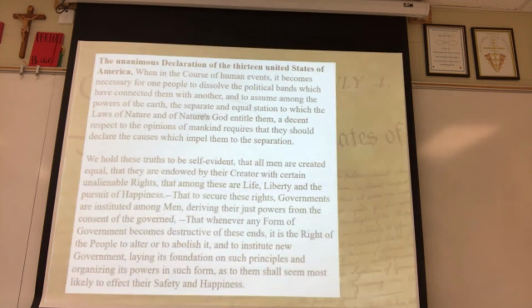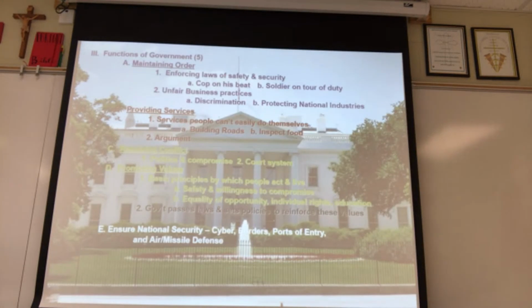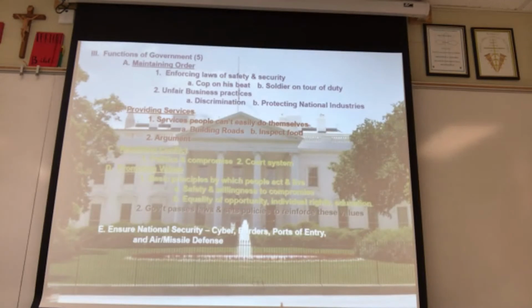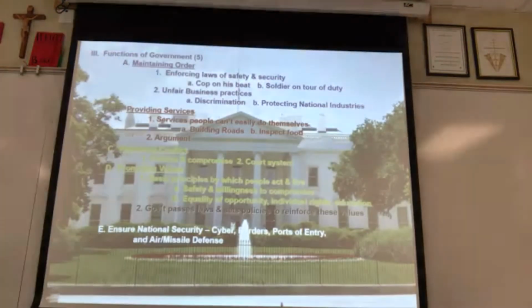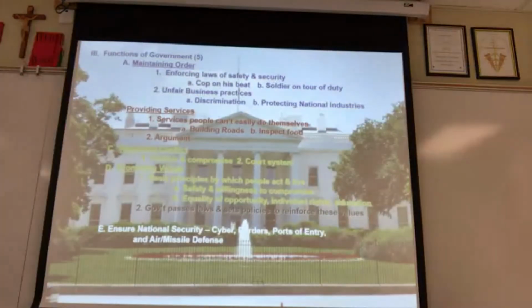And then the next one is the 5 functions of government. So that might appear in a multiple choice question where you have to pick the one that is not like the other.